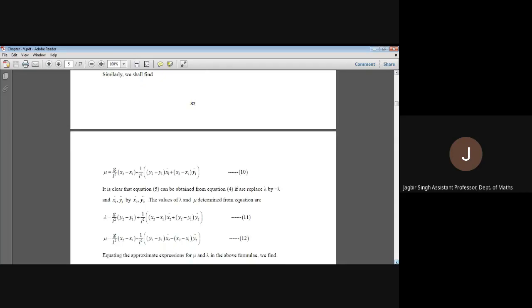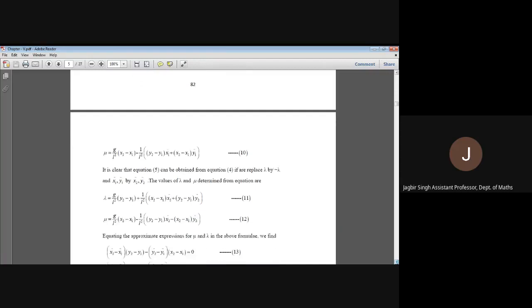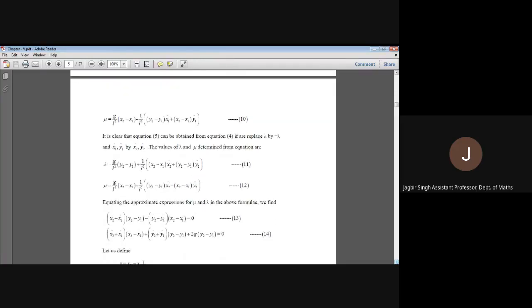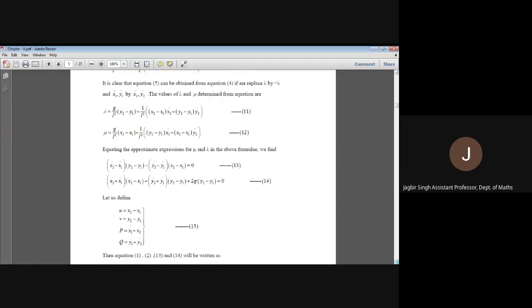Now we have two values of lambda and two values of mu. In equations 9 and 11, we are having values of lambda, and in equations 10 and 12, we are having values of mu. Equating both these values of lambda and of mu, some terms will be cancelled, and finally we will have equations 13 and 14.